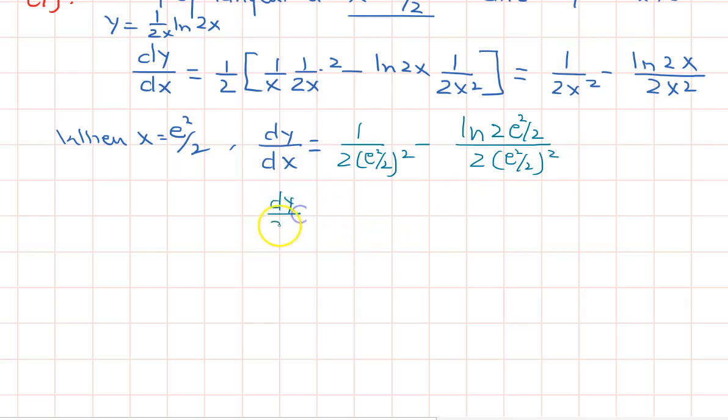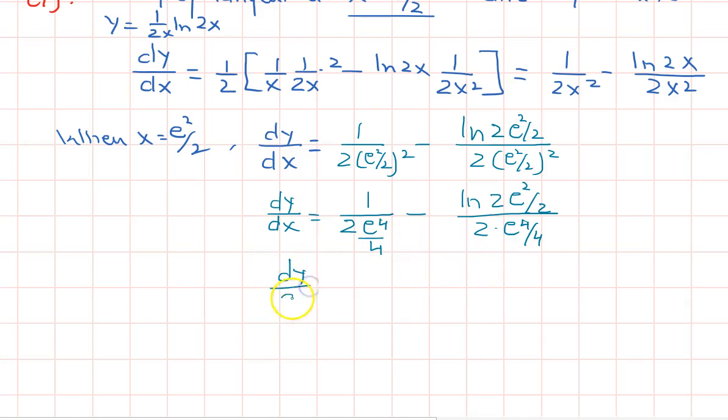So dy over dx will be 1 over 2 e to the power 4 over 4 minus ln 2(e squared over 2) over 2 e to the power 4 over 4.